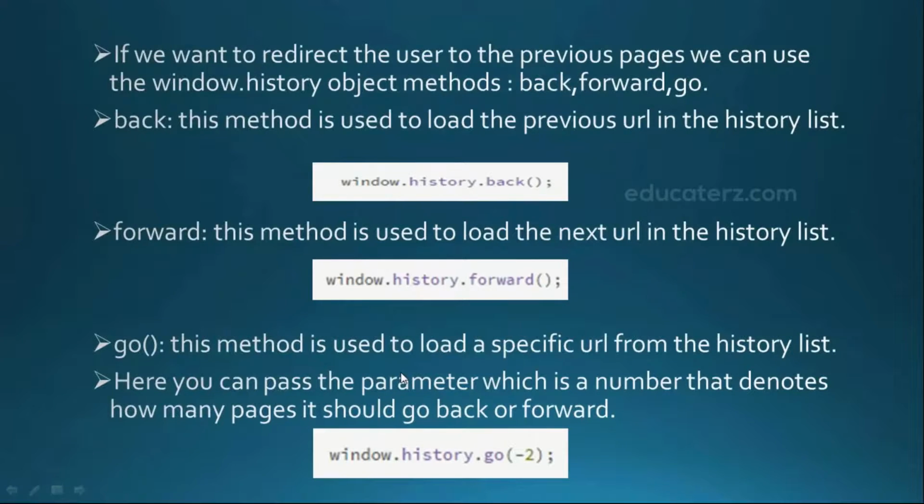But using back and forward, you can jump to the next step or the previous step, whereas with go, you can jump 2 steps before or 2 steps after the current URL page. So this is how we can use the go method. In this example, if I'm passing -2, it will jump to the previous 2 pages. If I pass 2, it will jump to the next 2 pages. So this is how the go method works.